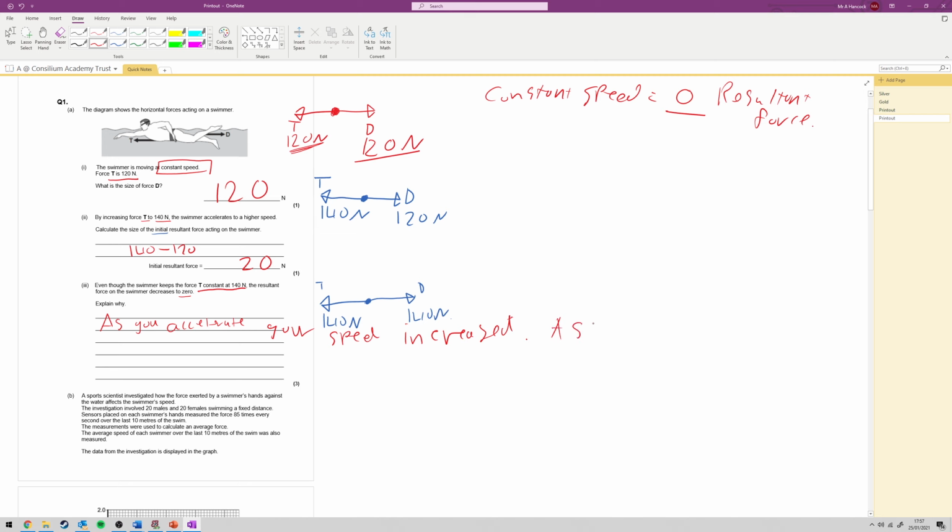And as speed increases, the drag force, that's force, F-O-R-C-E, the drag force increases until it is equal and opposite.